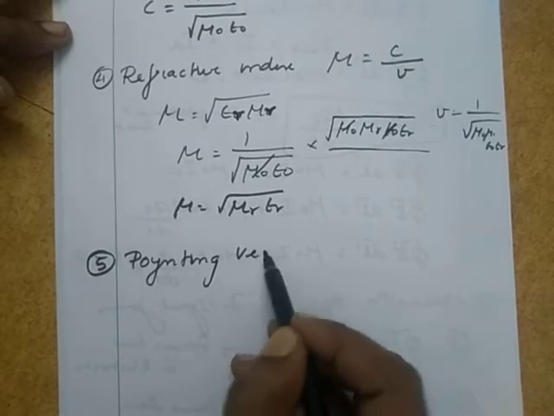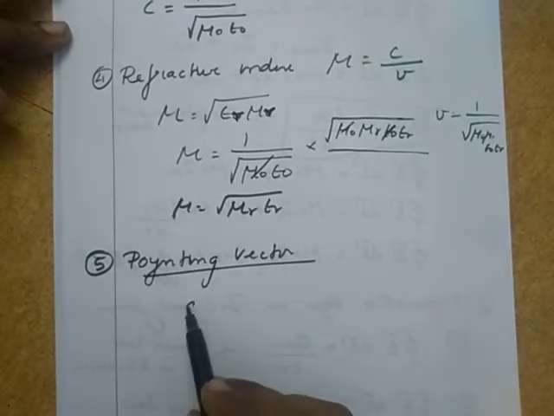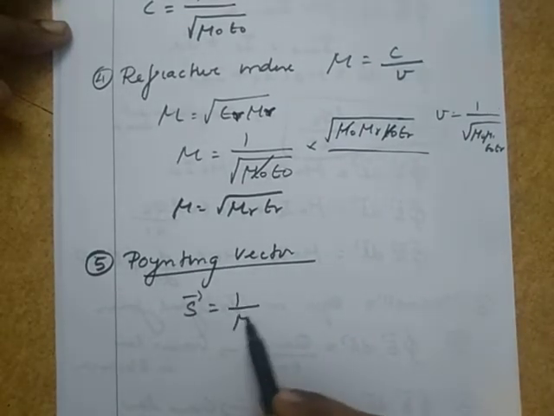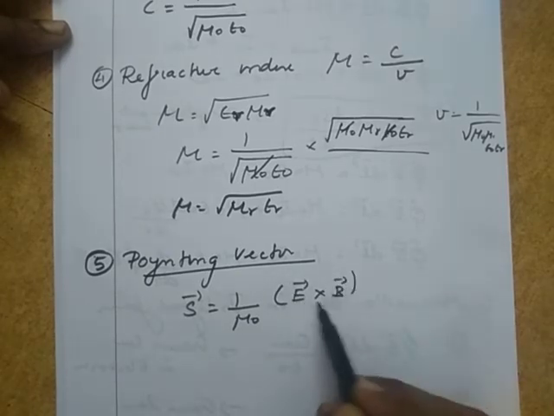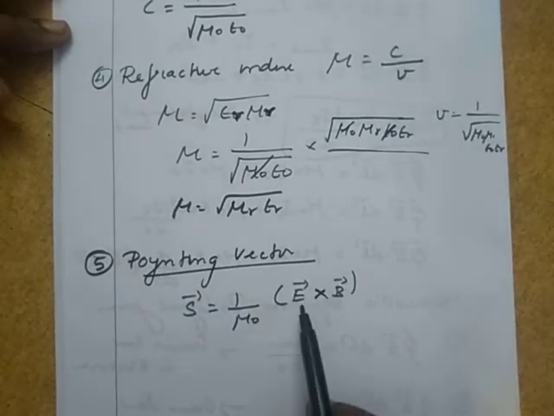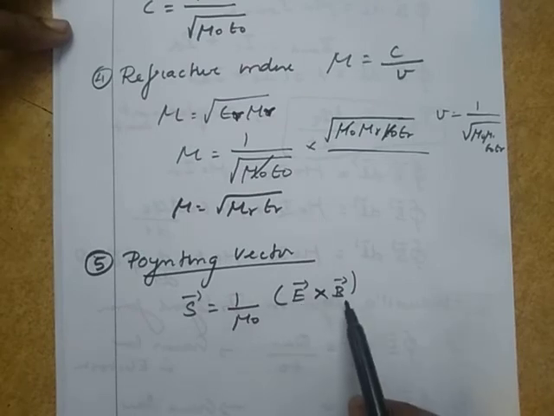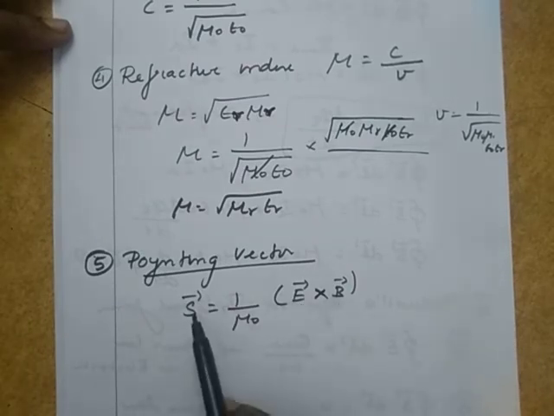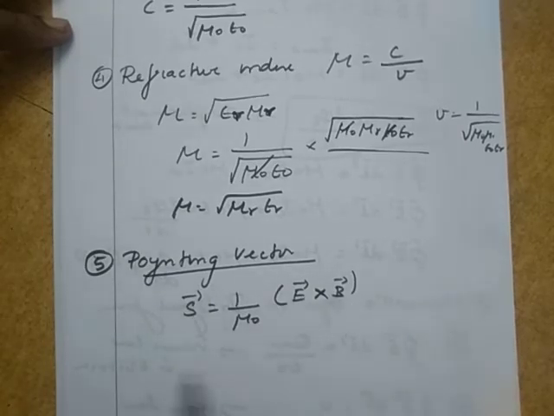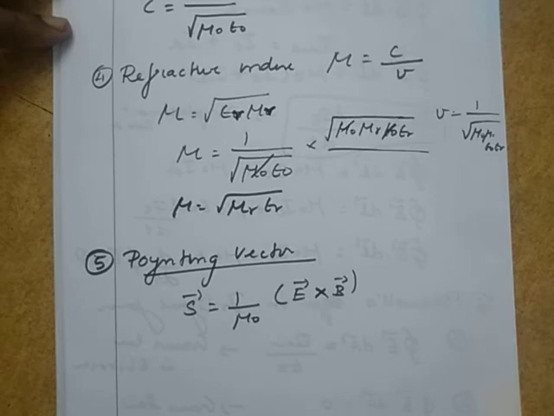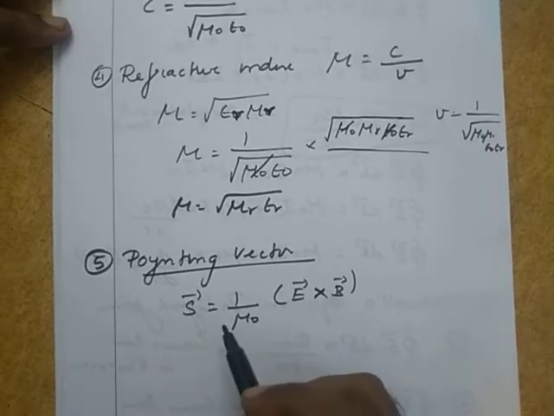S vector is equal to 1 by mu naught E vector cross B vector. Here it is a cross product, E is the electric field and B is the magnetic field vector. Using the Poynting vector we can find the direction of propagation of the electromagnetic wave as well as the electric and magnetic field directions.